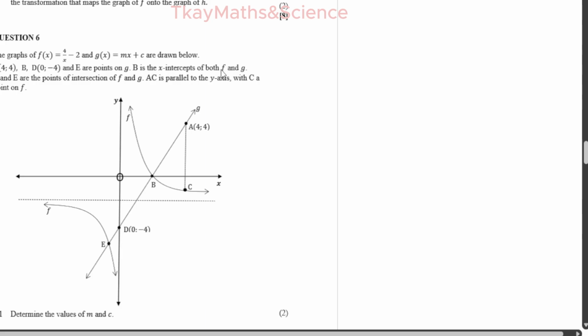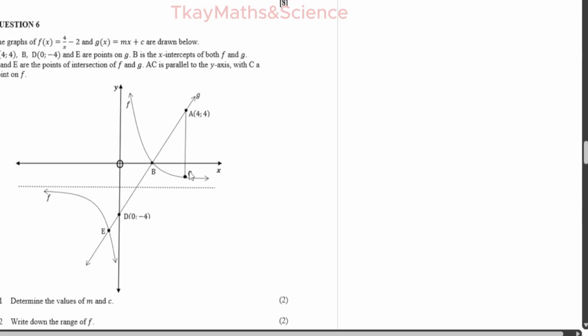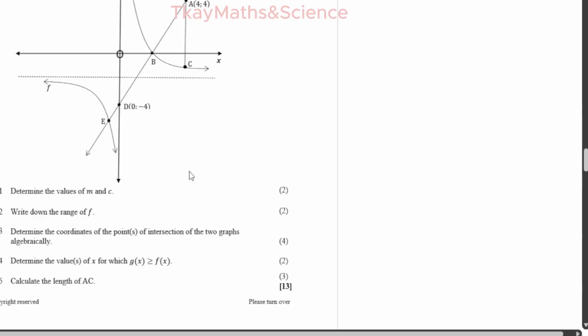B is the x-intercept of both F and G. This is F and G. So the intersecting points, here and here, B and E, are points of intersection of F and G. AC is parallel to the y-axis, with C a point on F. This is C here.